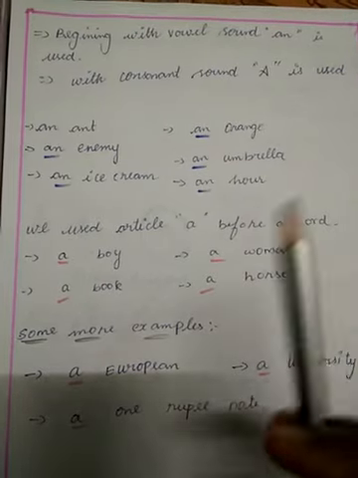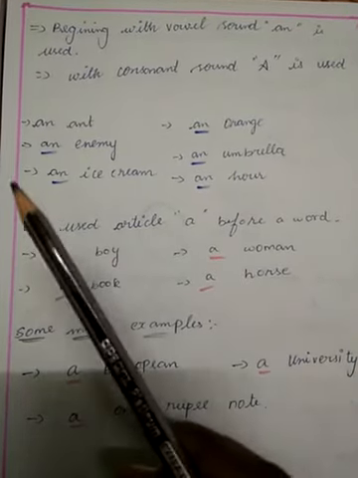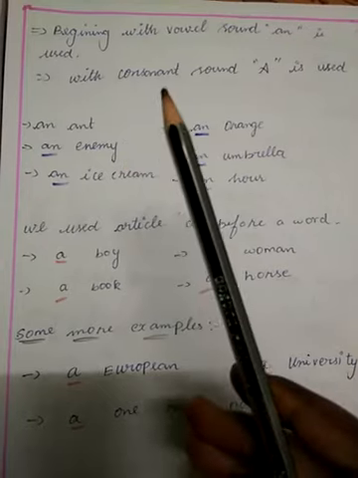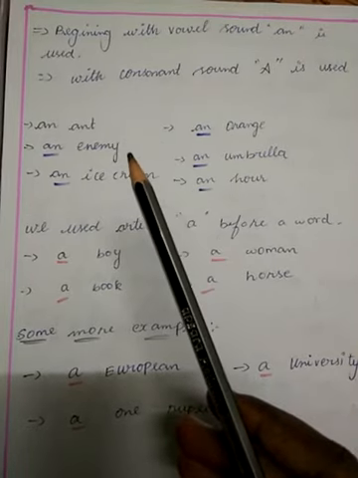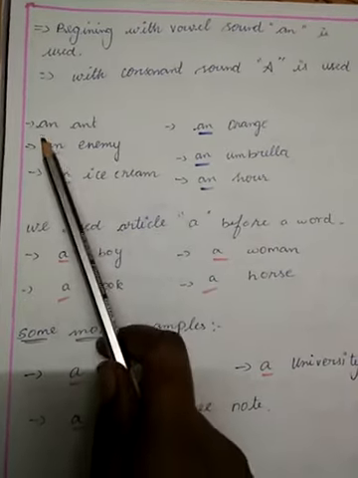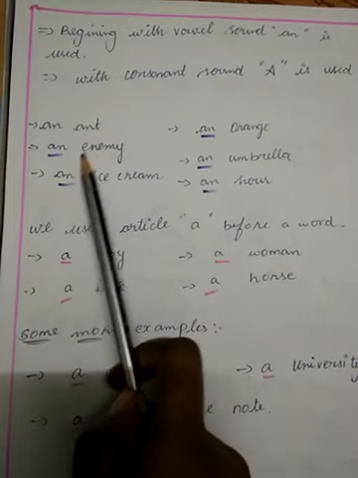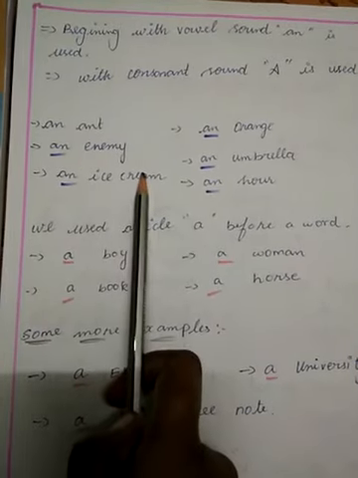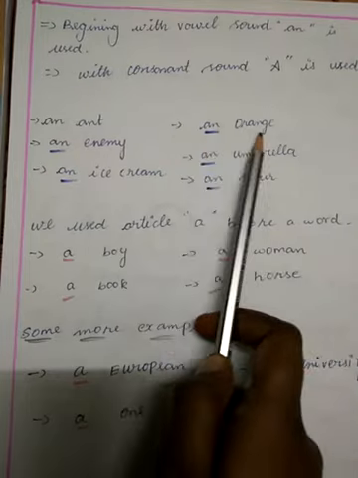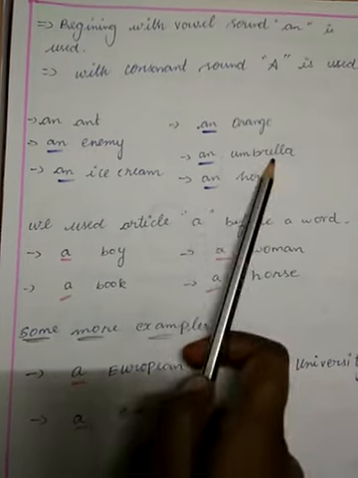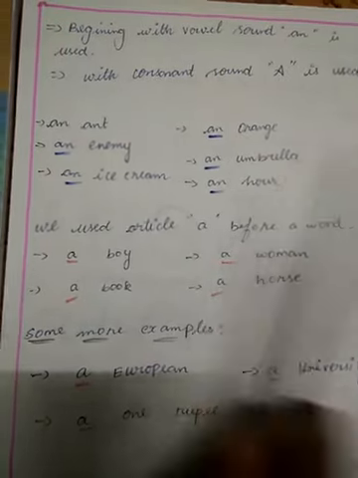Let's look into examples of when we use an before a word. So for example, an ant, an enemy, an ice cream, an orange, an umbrella, an hour.